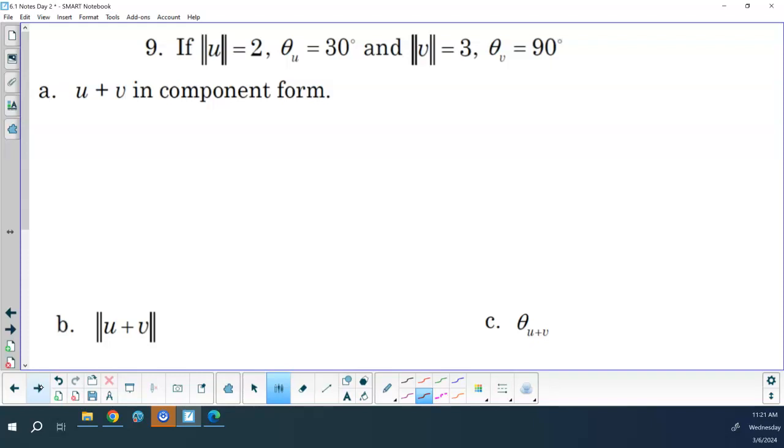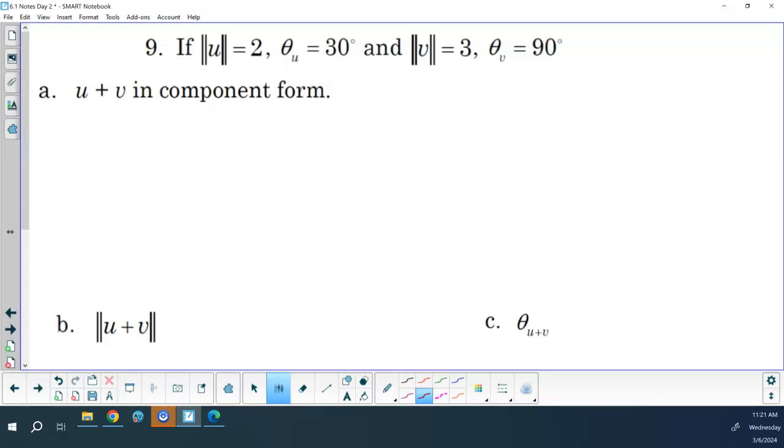We need to find the magnitude of u plus v, and we want to find the direction angle of u plus v. We can do this one in i and j form if we want. Can you do both ways? Sure. Super easy to do. Okay?